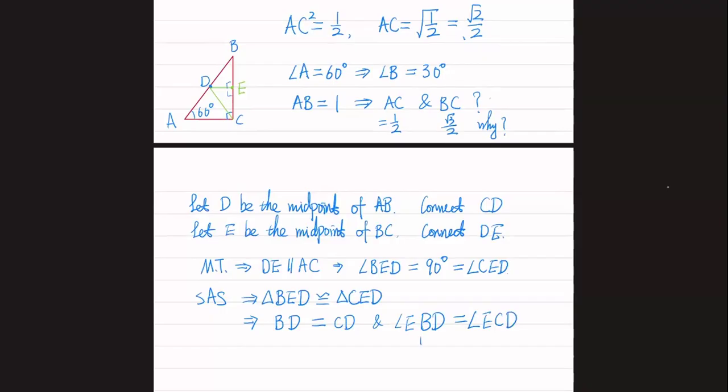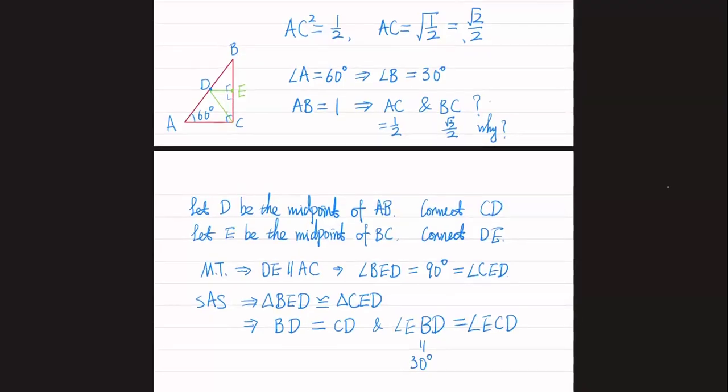EBD, by our previous step, we know is 30. So this turns out to be 30.